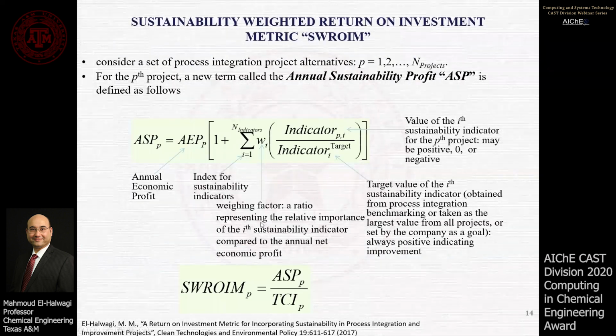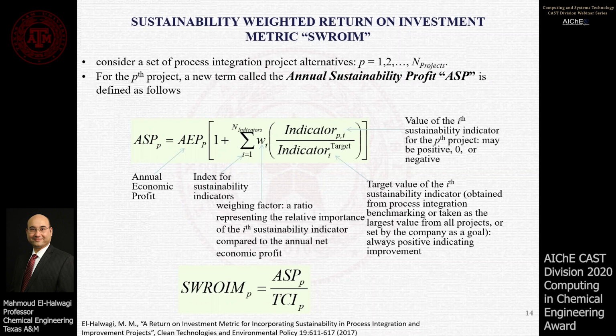So let us consider a project P or design P. In addition to the conventional annual economic profit of the project, we have a number of sustainability indicators. Each one of them is characterized by an index I, and each I represents a sustainability indicator such as reduction in carbon footprint, reduction in water usage and discharge, reduction in discharge of certain emissions, reduction in energy usage, and so on.